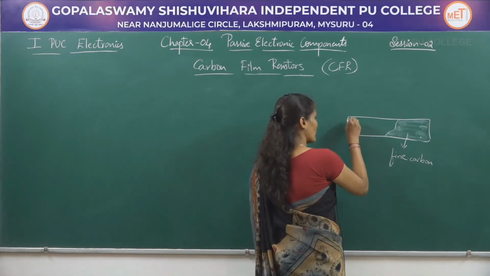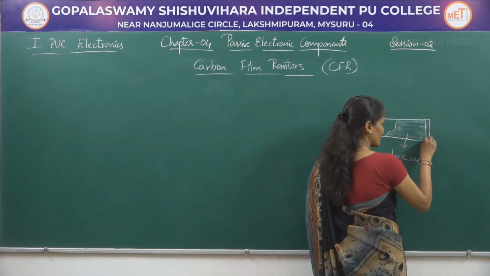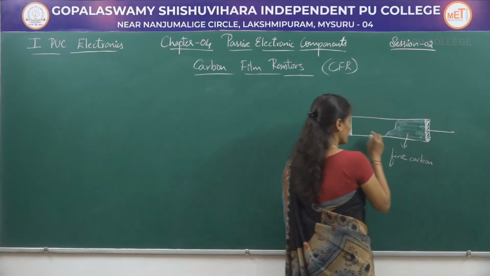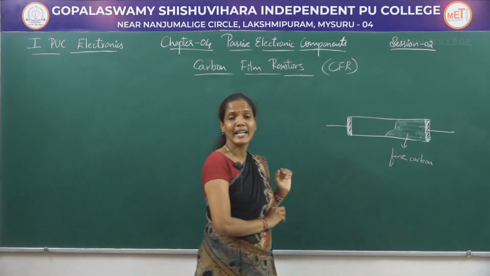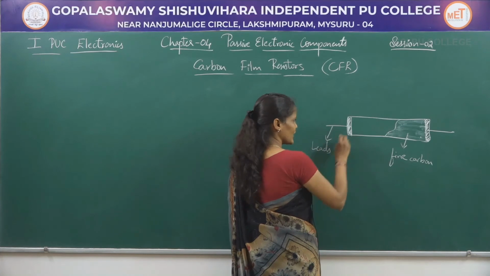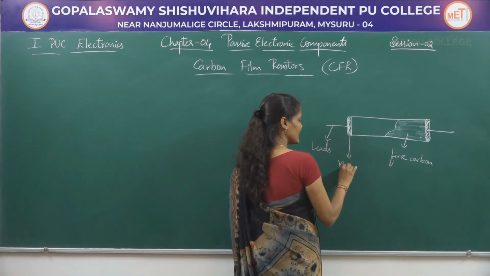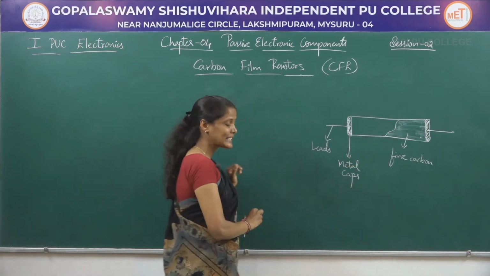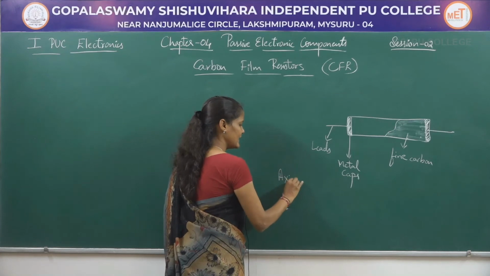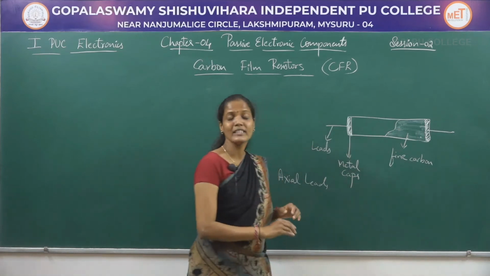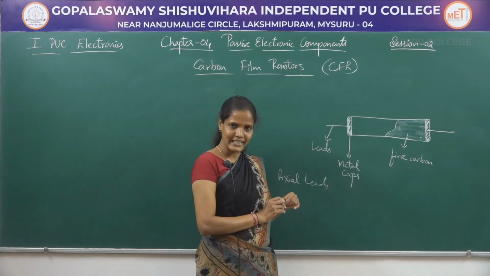On the two ends of this resistor element, metal caps made up of tinned copper will be placed to provide the leads for external connection purpose. So these are leads for connection purpose, and these are metal caps. And these leads are called axial leads, because these leads are connected axially along the resistor element.